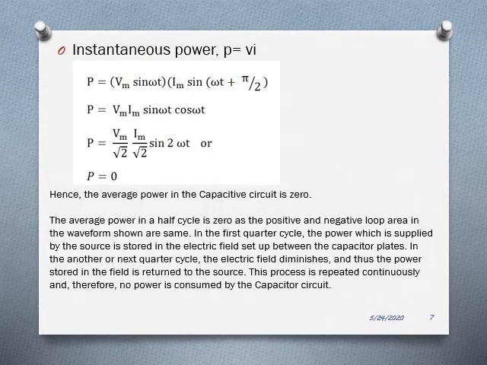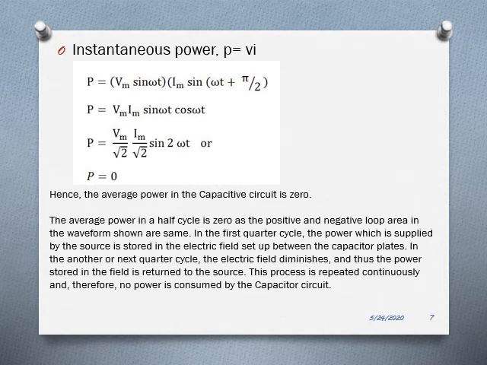Now, let's analyze the instantaneous power, which is equal to instantaneous value of voltage into instantaneous value of current, Vm sin omega t into Im sin (omega t plus pi by 2). You will again get it as Vm by root 2, Im by root 2, sin 2 omega t, just like a purely inductive network. Sin 2 omega t is a symmetrical waveform.